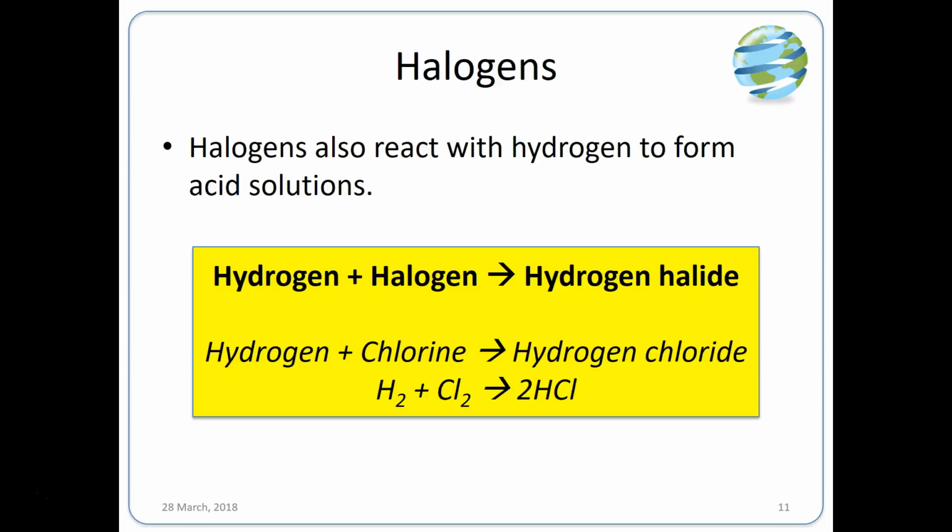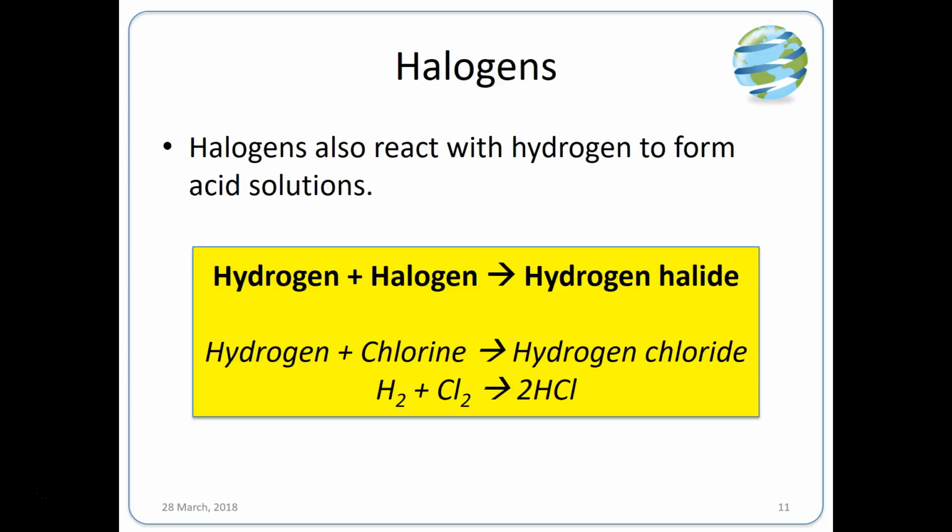This would form hydrogen chloride, more commonly known as hydrochloric acid. The balanced equation for this would be H2 plus Cl2 becomes 2HCl. And this same reaction would occur whether you were looking at chlorine, fluorine, bromine, iodine or astatine. You would still get the hydrogen halide.